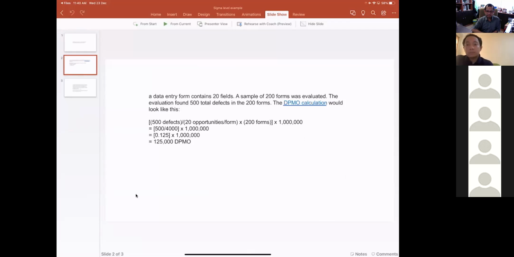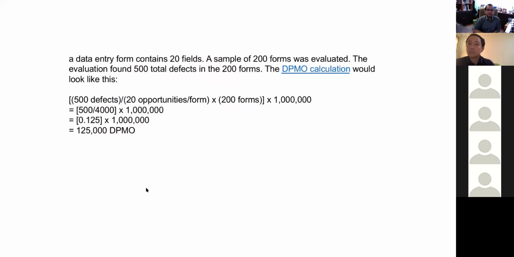This is another example. Data entry form contains 20 fields, sample 200 forms. The evaluation found 500 defects in the 200 forms. Calculate DPMO. This is a data entry form containing 20 fields. So the form, borang, has 20 blanks to be filled.